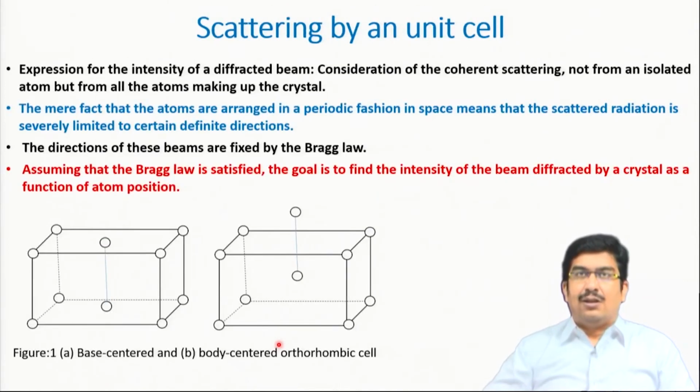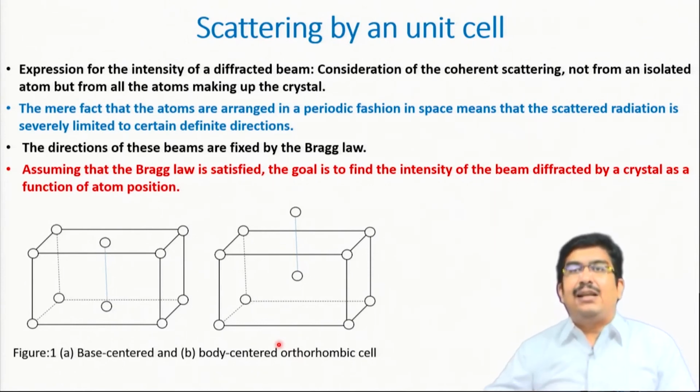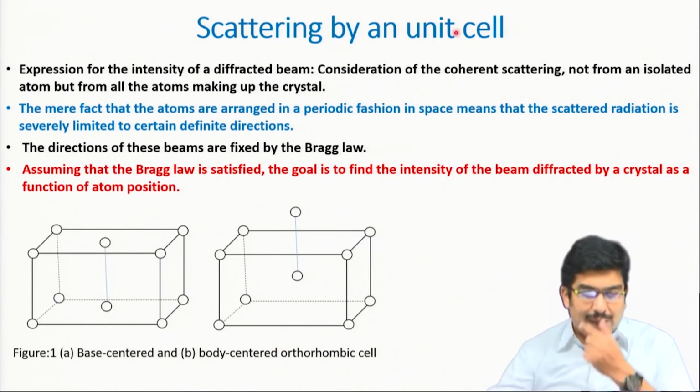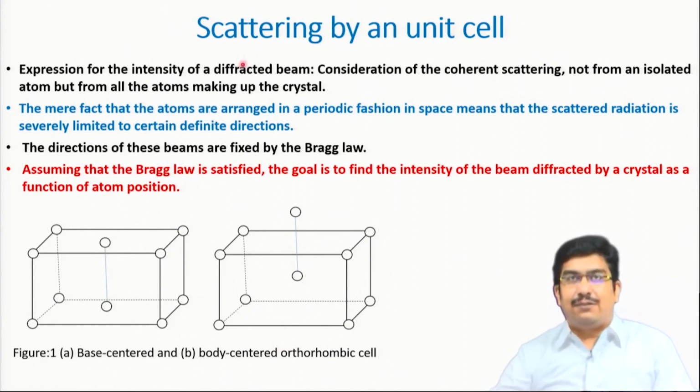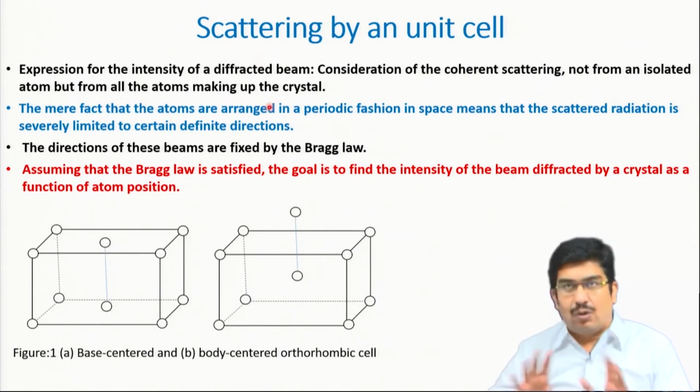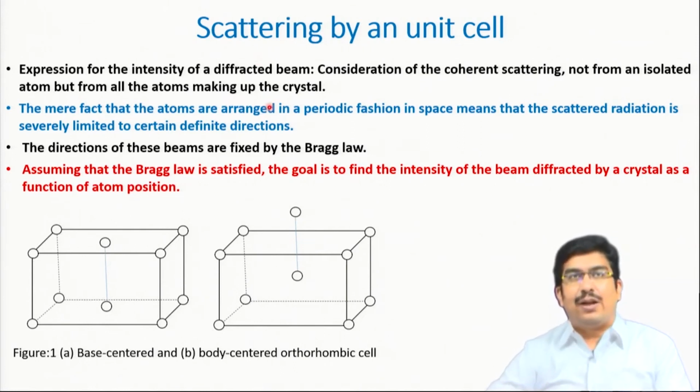Okay, fine. So, from there we will now be considering the scattering by a unit cell. The expression for the intensity of a diffracted beam considers only coherent scattering, and we will not be considering any incoherent scattering, the first thing.